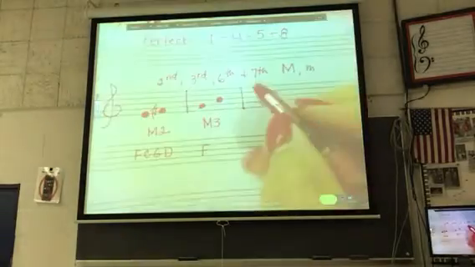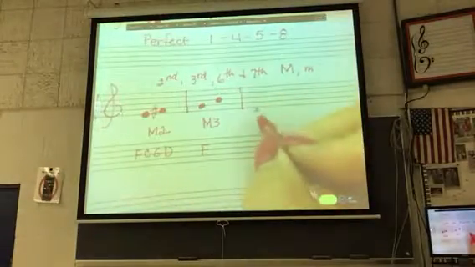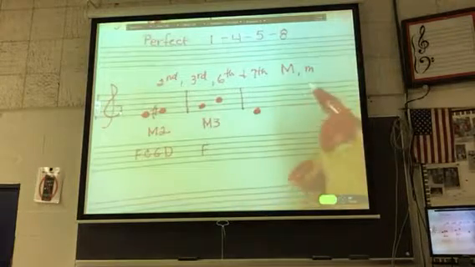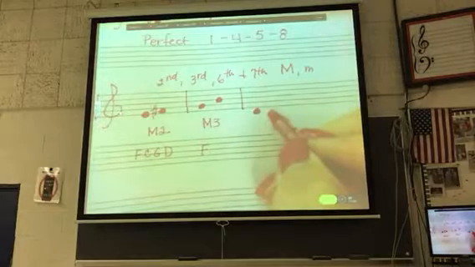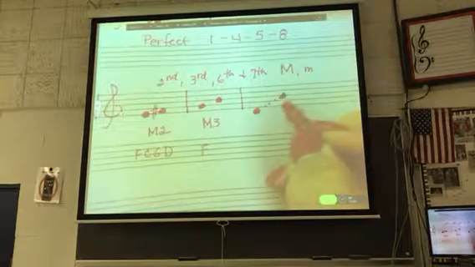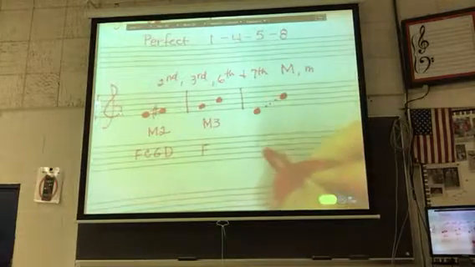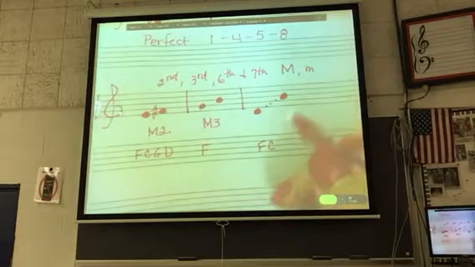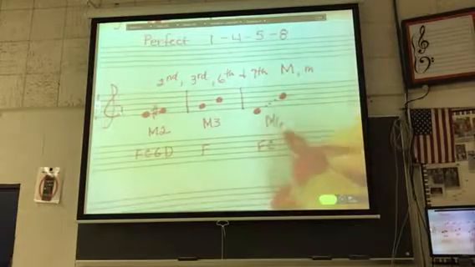Let's do a 6th. Start on D. Count up 6. 1, 2, 3, 4, 5, 6. It's a B. The key of D has 2 sharps, F and C. B is not one of them, therefore I have a major 6th.